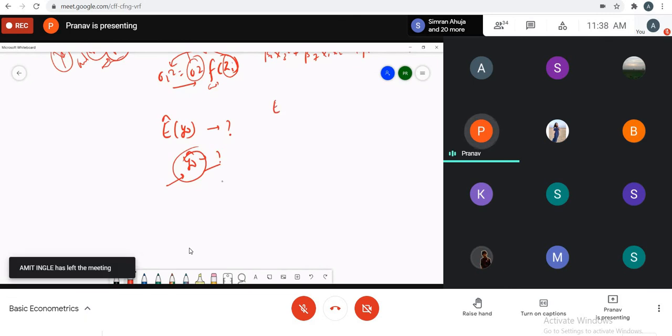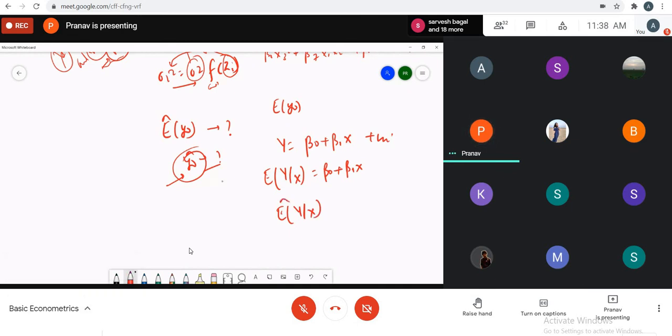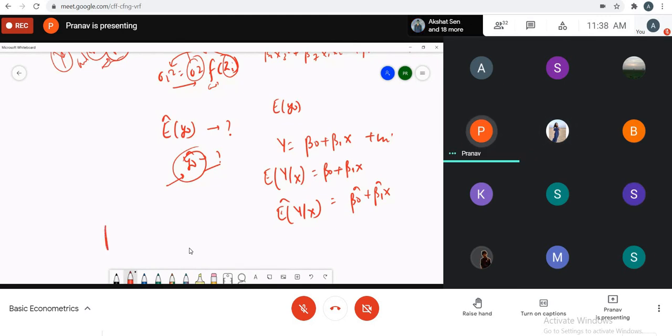So how do you write the expected value, if your population regression is, let's say, this? The actual average value of the population will be this, right? Yes, sir. And what will the expected average value be? Correct? Yes, sir. So in this case, what will be your prediction error?